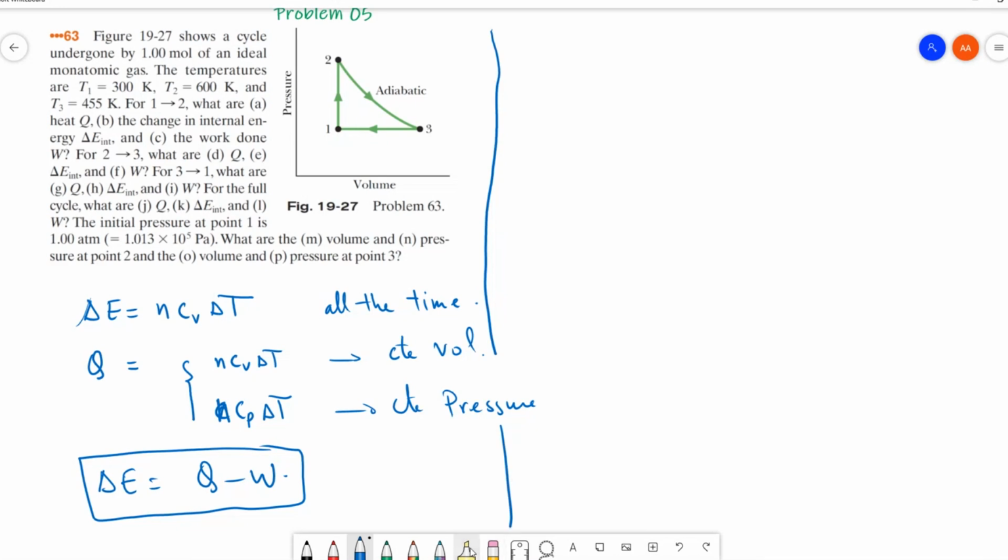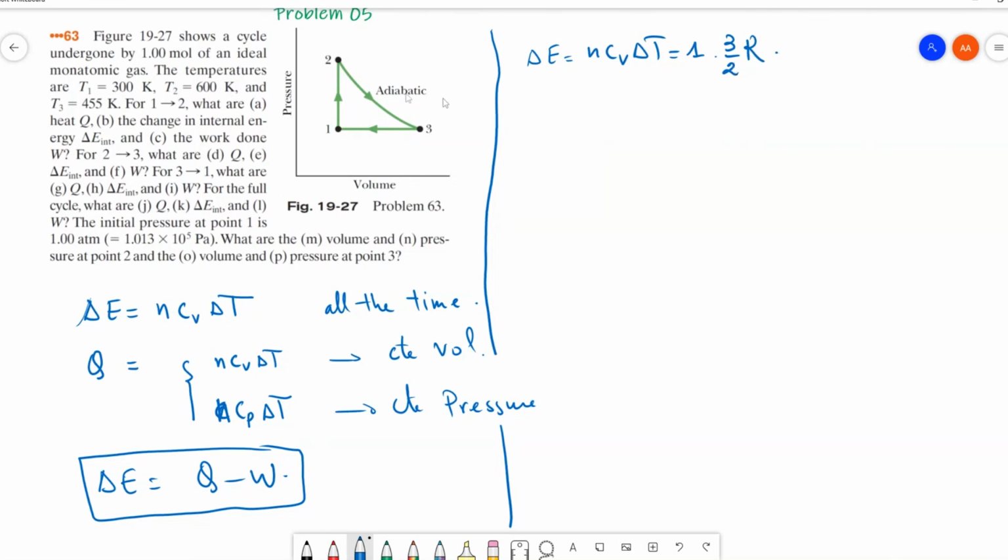Let me write on the half here. So for the first one, from 1 to 2, they require the heat, delta E, and the work. I will start with probably delta E. It is n Cv delta T, and we have 1 mole. What is Cv? Since it is monoatomic, this is 3/2 R, okay?